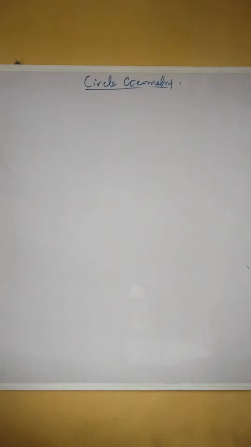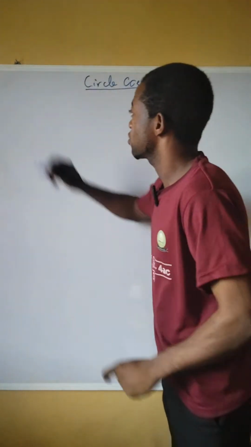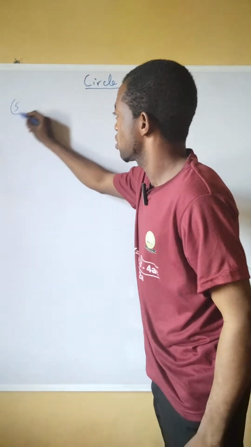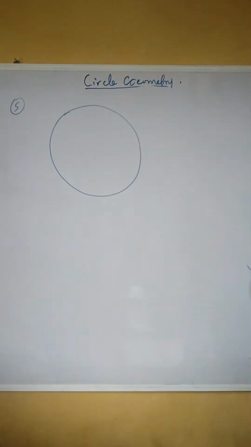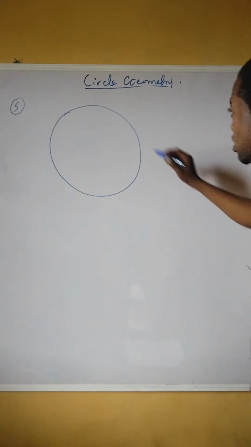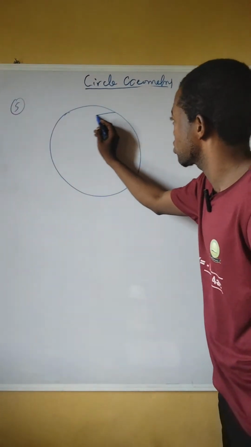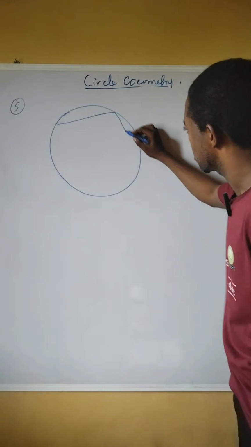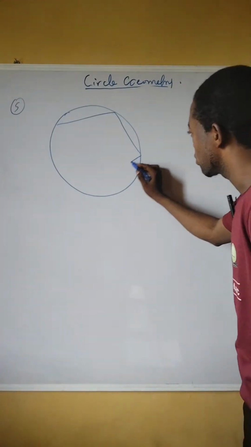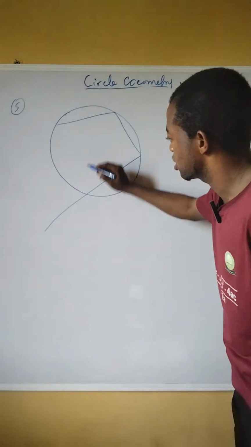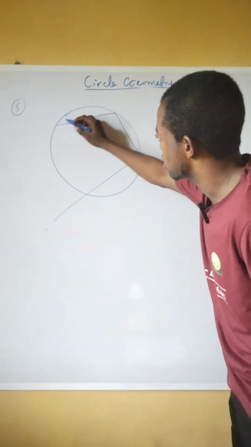And here we also have a circle. And inside the circle, you have something like a cyclic quadrilateral, in the form of, let's say, a kite, something like that, drawn inside here. But a side is prolonged, extended outside.